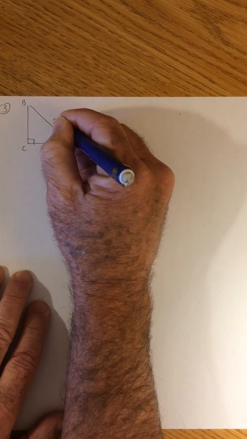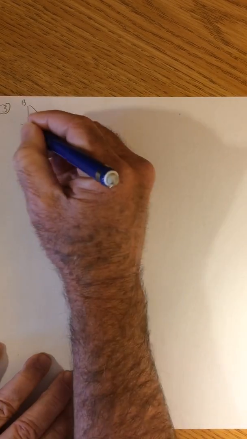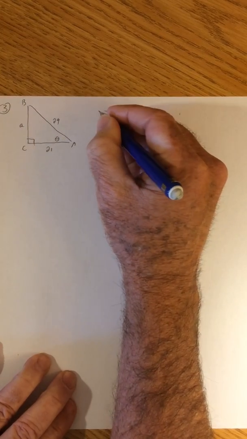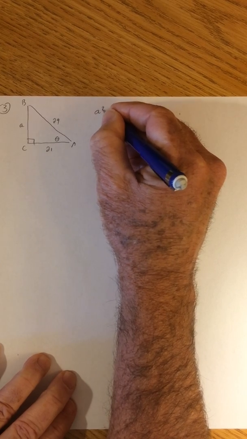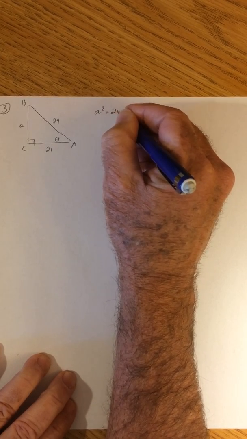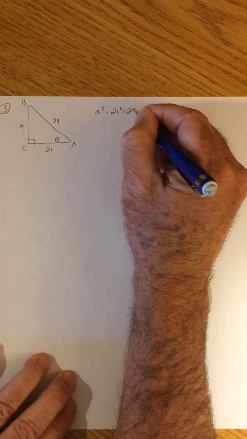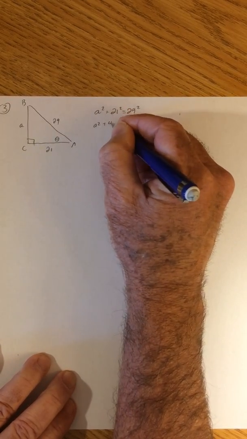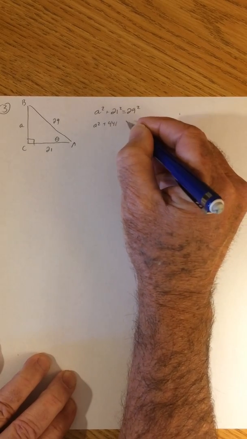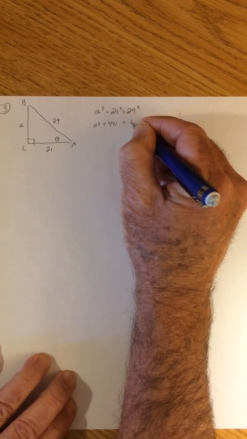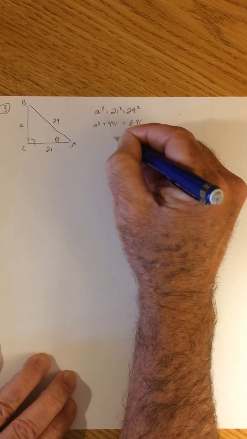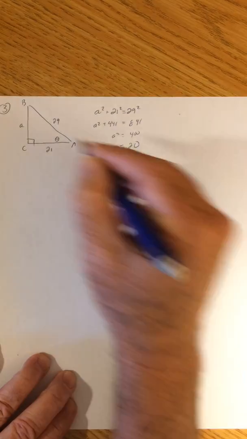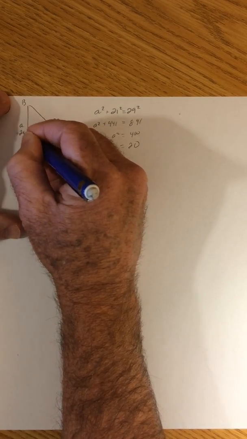That is 29. Okay, now we're looking to find this side. We'll call it A. Okay, again, A squared plus 21 squared is equal to 29 squared. 21 squared is 441. 29 squared is 841. Subtract the 441, I get 400. Square root of 400 is 20. So that is 20.